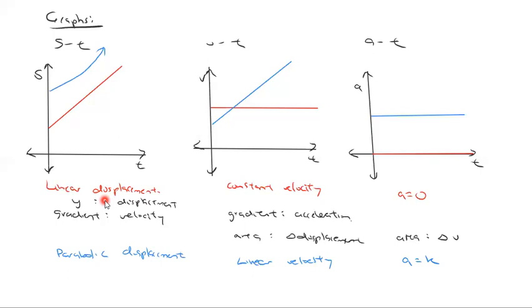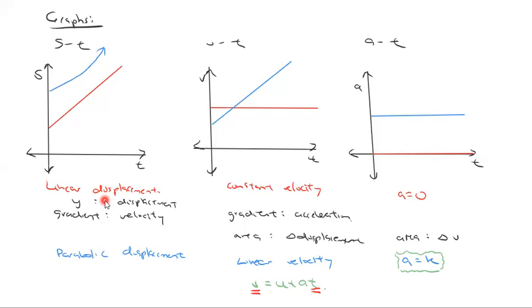In fact, we've said acceleration is constant for our SUVAT equations, but just think of what we said before, v equals u plus at. You can see quite clearly that velocity is a linear function of t.